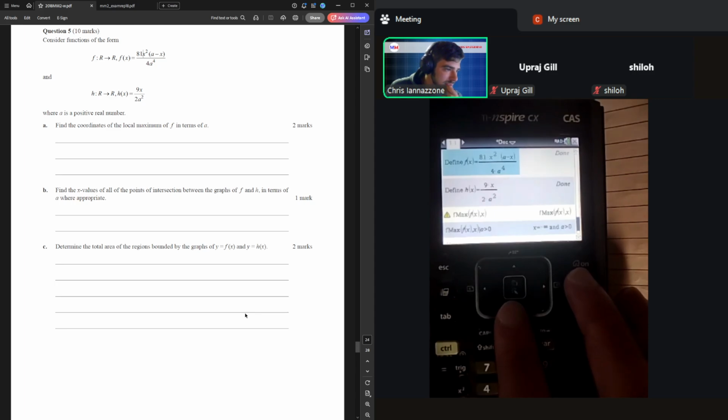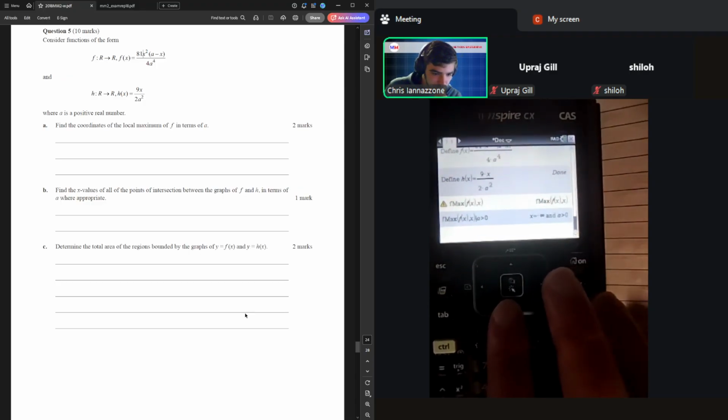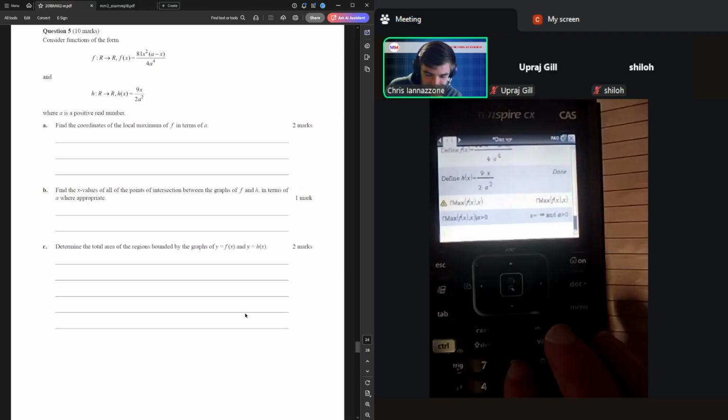Oh, right, because fmax is going to give the global, and because it's in terms of a, it's always just going to shoot to infinity. Yeah, okay, never mind. That works when you can restrict the domain, so forget what I just said there.